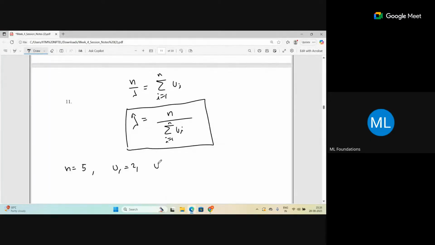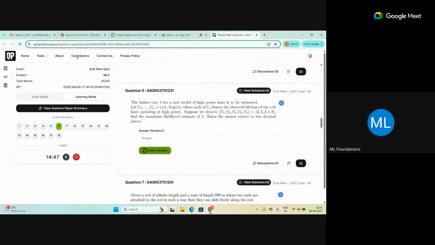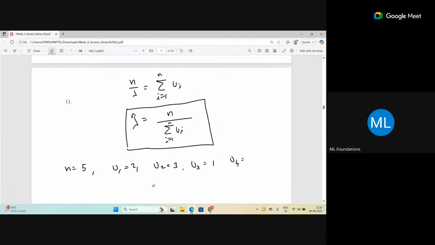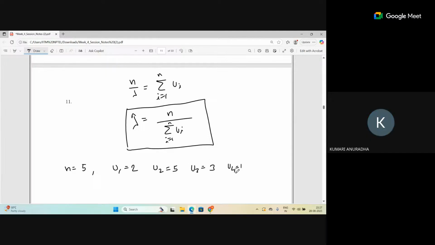U1 equals 2, U2 equals 3, then 5, 1, and 8. The values are 2, 5, 3, 1, and 8.